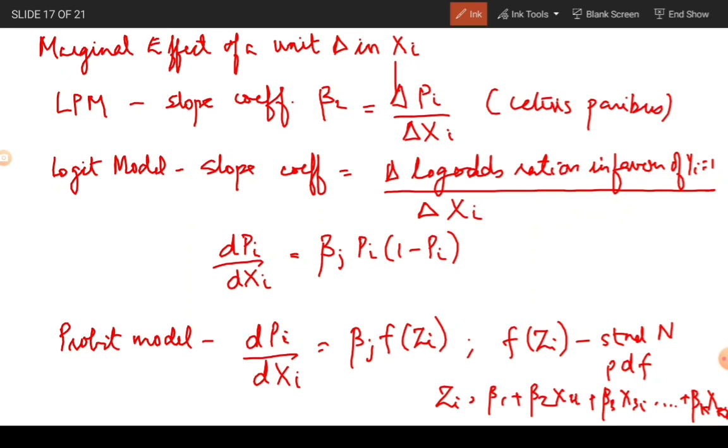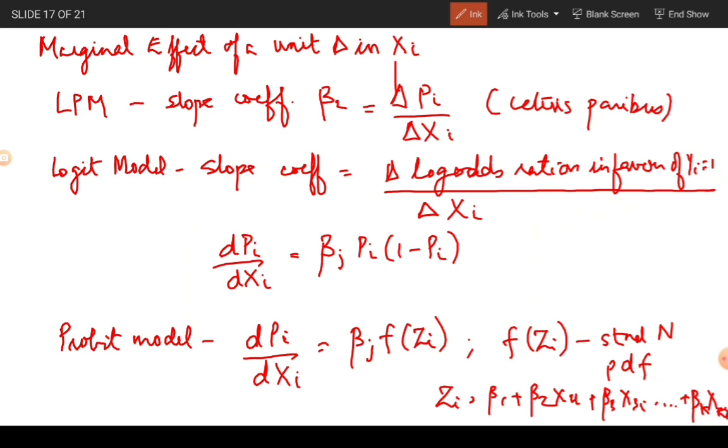There are more econometrically involved models that can handle y variables that have more than two categories. The example that I had given at the very beginning of qualitative response regression models was choice of mode of transport. If you are choosing between public transport versus private transport versus something like an auto rickshaw in traveling to your destination.